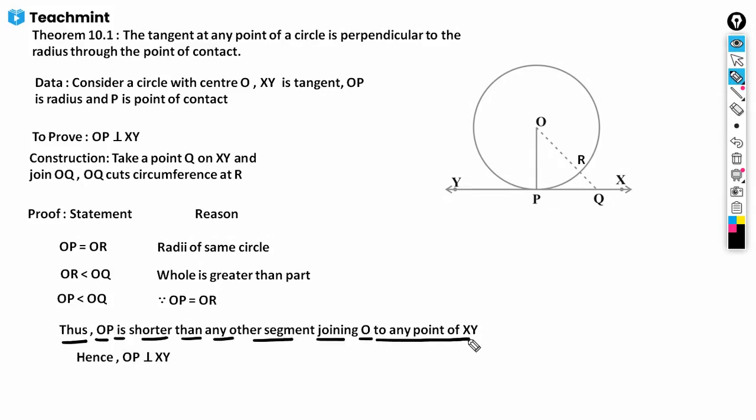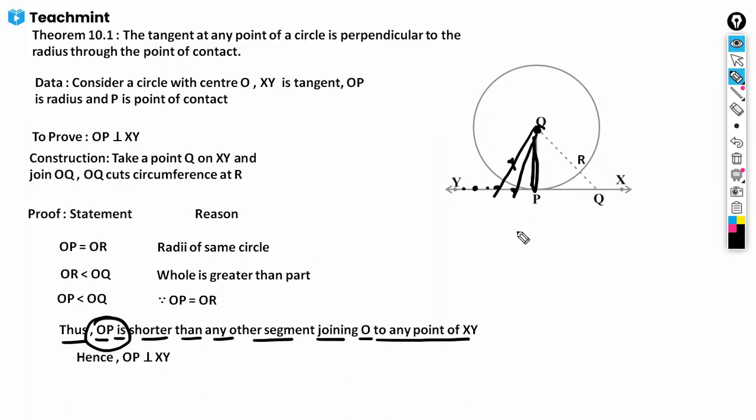What does this statement state? If you take a point here and join it, the line is shorter than any other segment joining O to any point on XY. Compared to OP, who is always shorter?